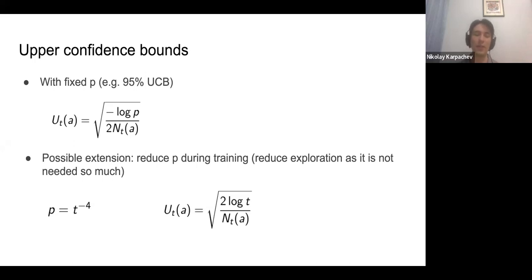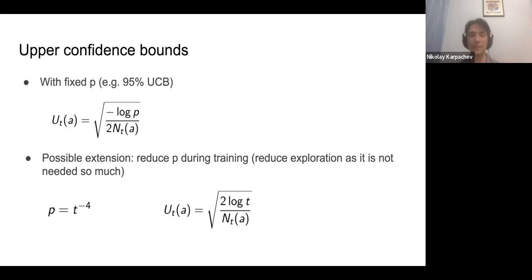And the thing that is being decayed is the probability, the quantile of this upper confidence bound. So first we start with 95% threshold, then we take 90% threshold, then 80% threshold, and then we move actually to the greedy strategy. So we explore less and less.